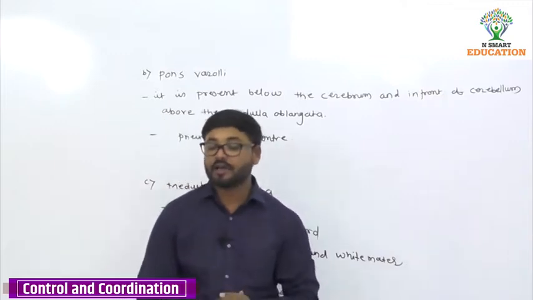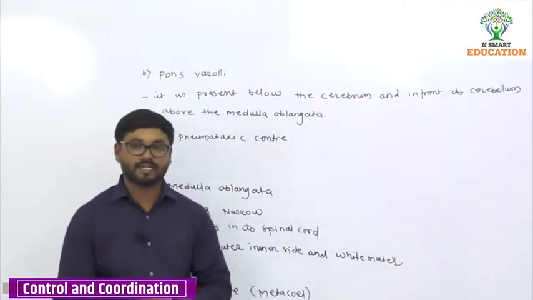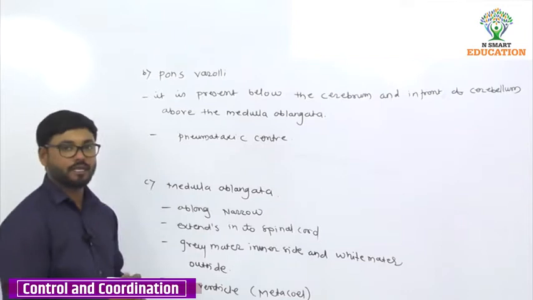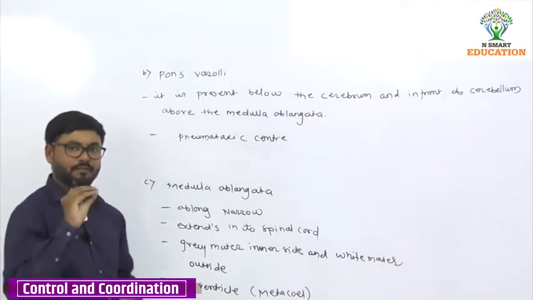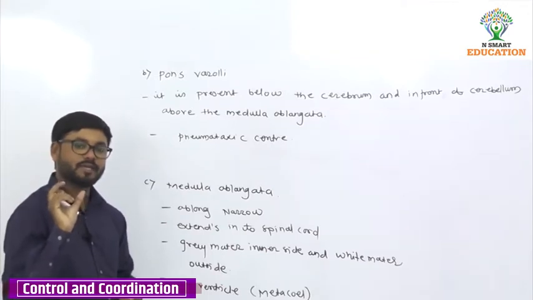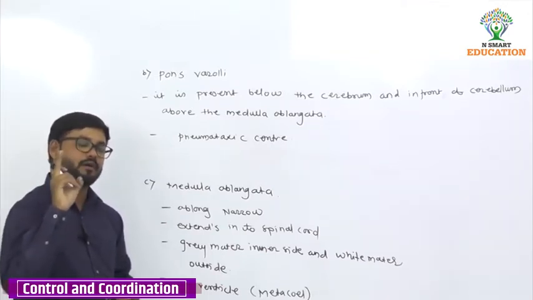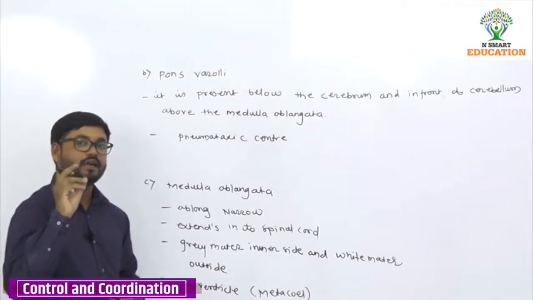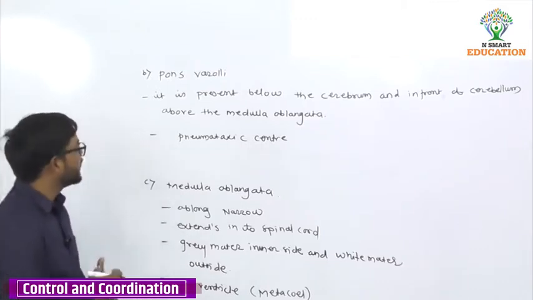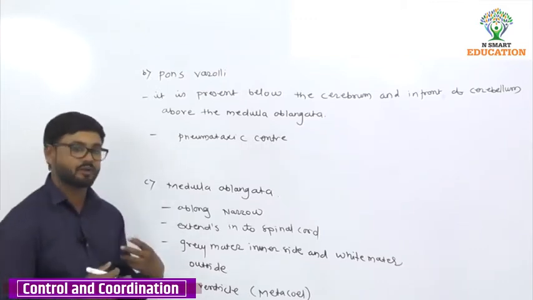That is, it controls the rate and depth of breathing, particularly वह स्विच ऑफ करता है, यानी कि उसके आगे नहीं जाने देता है. मेडुला ऑब्लोंगेटा में भी सेंटर होता है और particularly पॉन्स वरोली में भी होता है, क्लियर है. तो एक तरीके से control the rate and depth of the breathing.